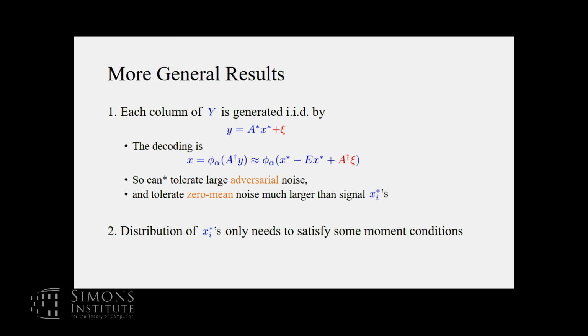But the key assumption is that the noise should be spread out across different entries. So I should say that it's not totally adversarial, but it's adversarial on each entry. Basically you have an upper bound on each entry of this noise vector, but it can be any distribution entry-wise.